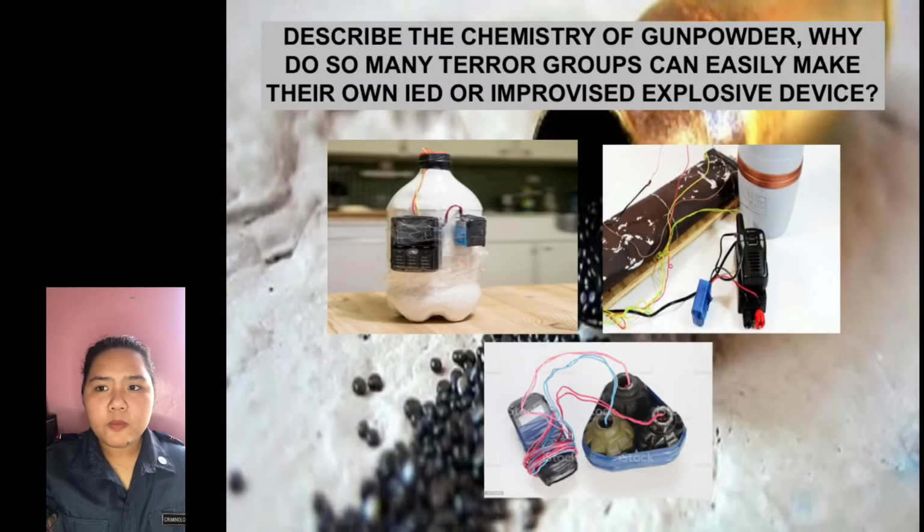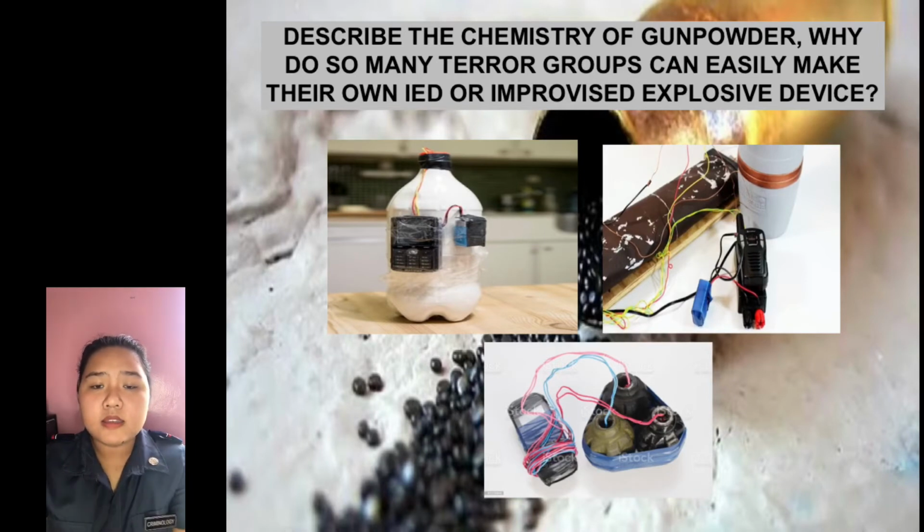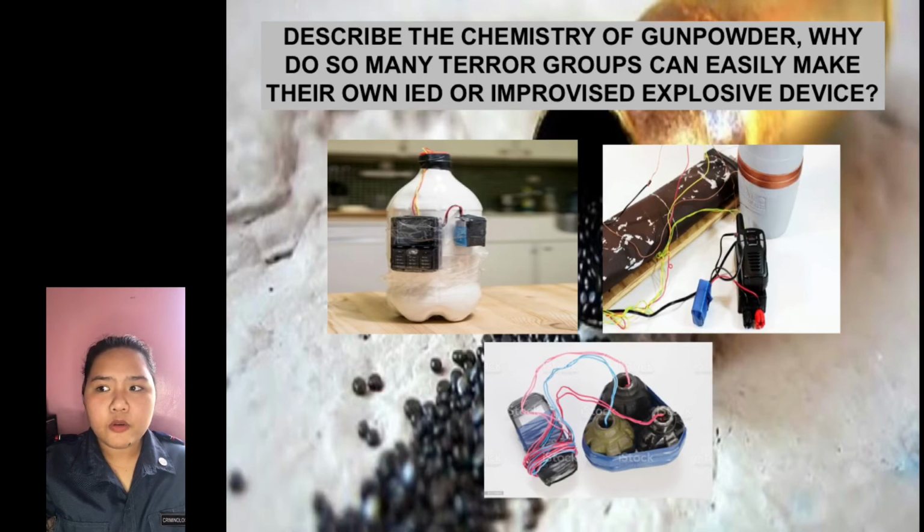So, we have several topics to discuss now. First is to describe the chemistry of gunpowder, and why many terror groups can easily make their own IEDs, or improvised explosive devices. Because they really studied what is needed to make gunpowder, and another reason is that it is easy to find recipes for making it.